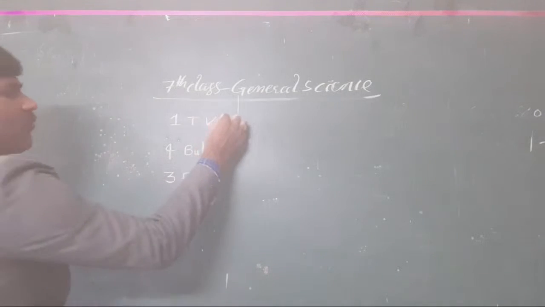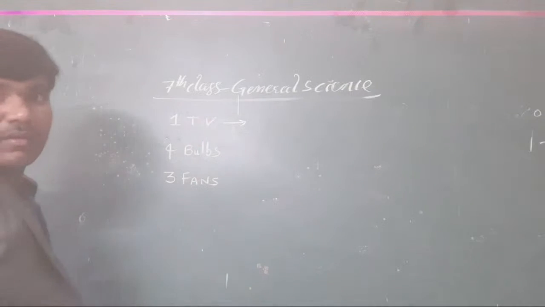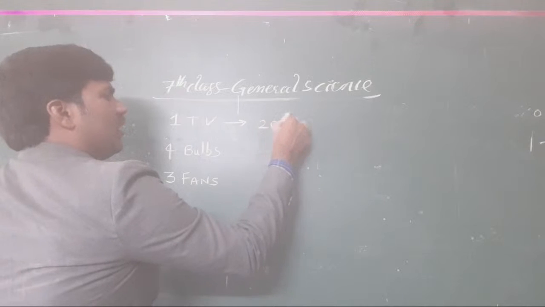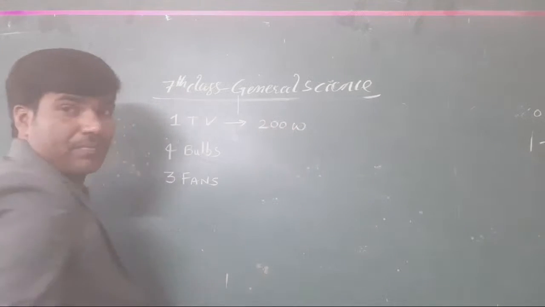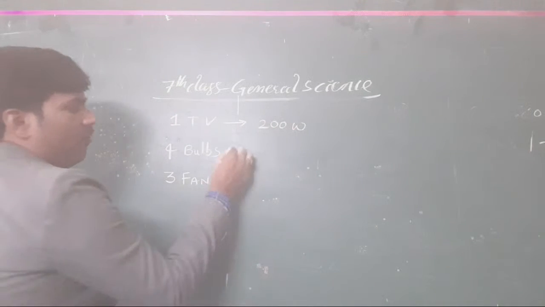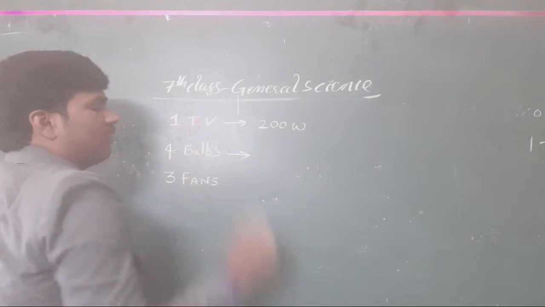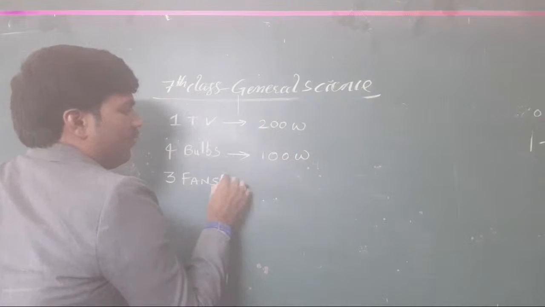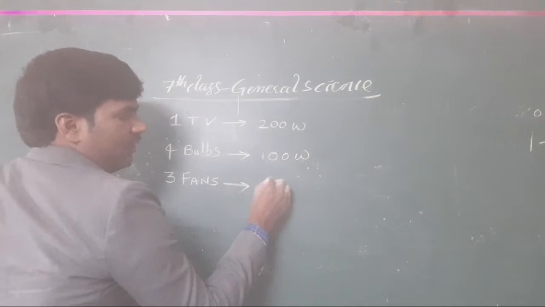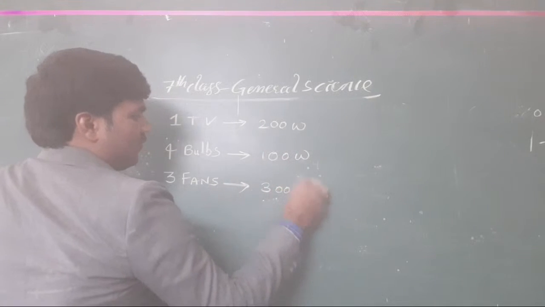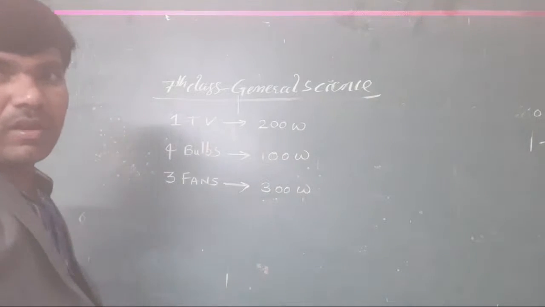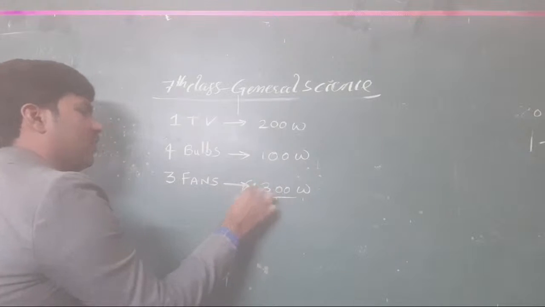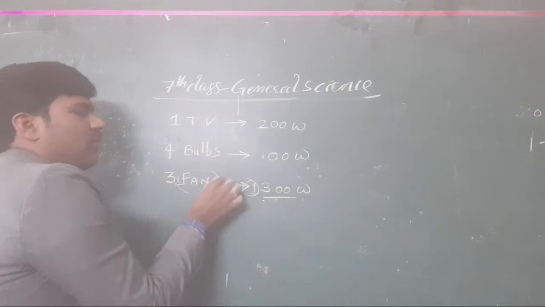The TV works for 200 watts. And each bulb works for 100 watts. Fans work for 300 watts.